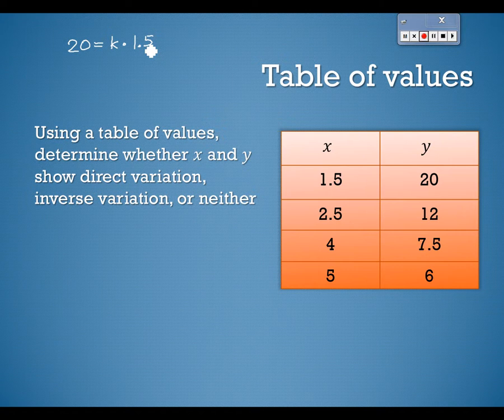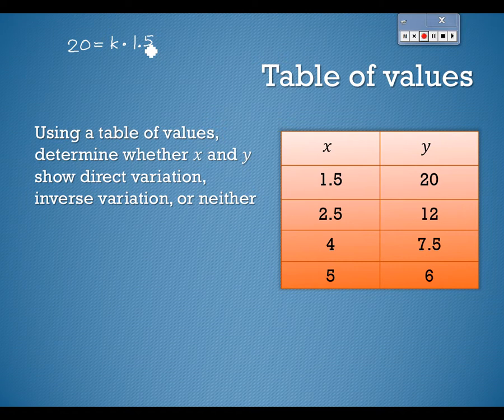So what would I have to multiply 1.5 by to get 20? Figure it out, tell me. 13 point something, right? Then take that number, and it should work down here too. 2.5 times 13 point whatever. Is that 12? I don't even need a calculator to know that's almost certainly not true.